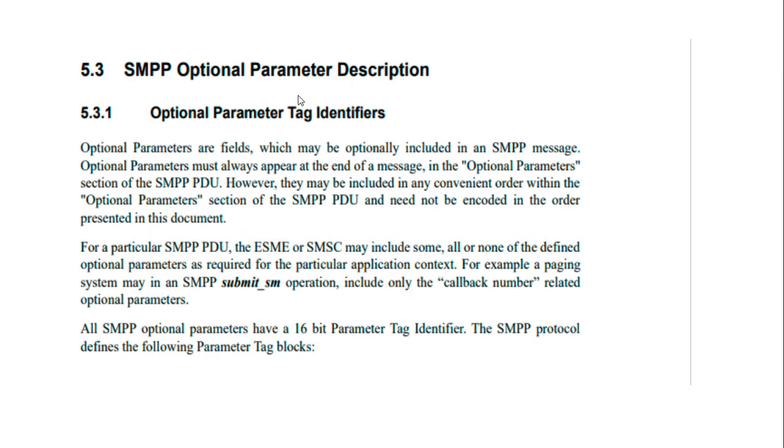Mandatory parameters are fixed length or variable length parameters, and optional parameters are like tag length value. Every optional parameter has a tag, then its length and the value. This is how the optional parameters are defined.